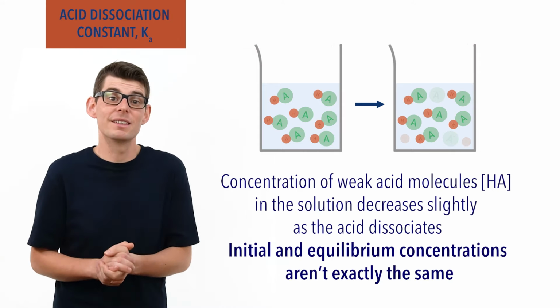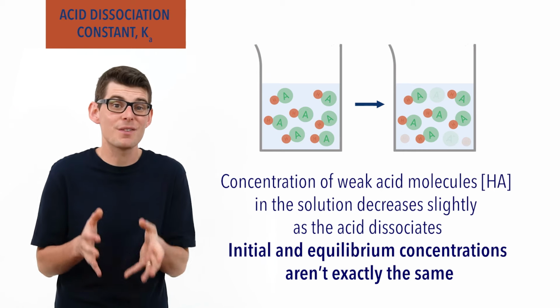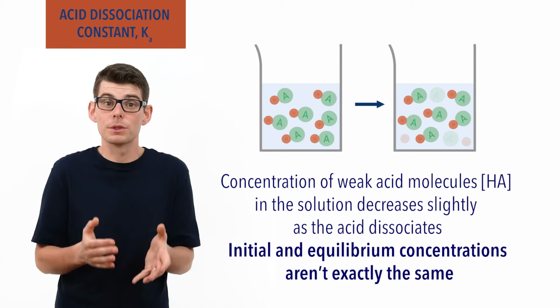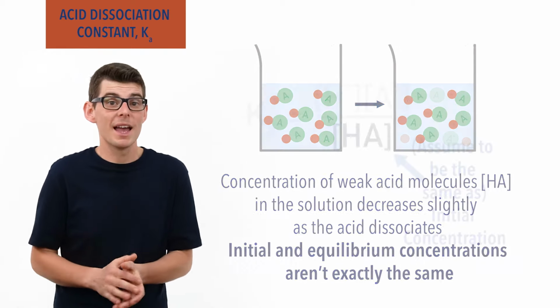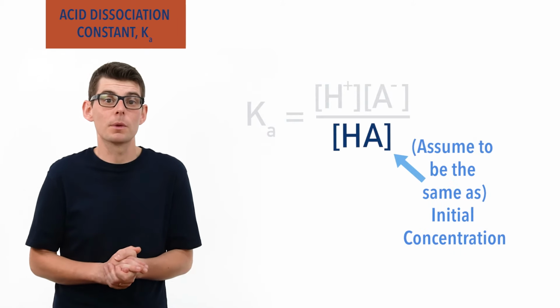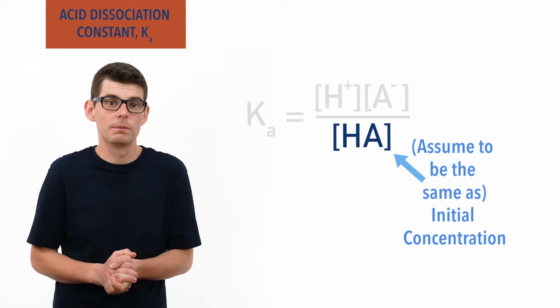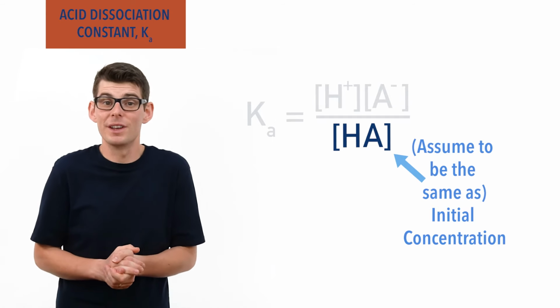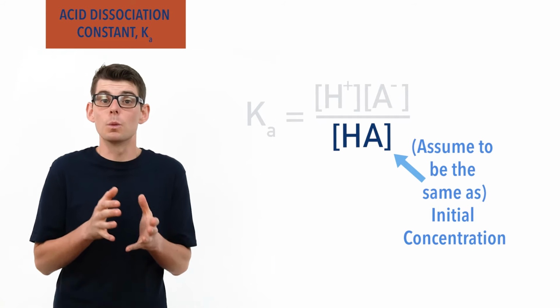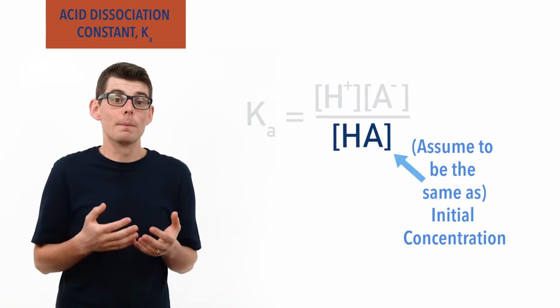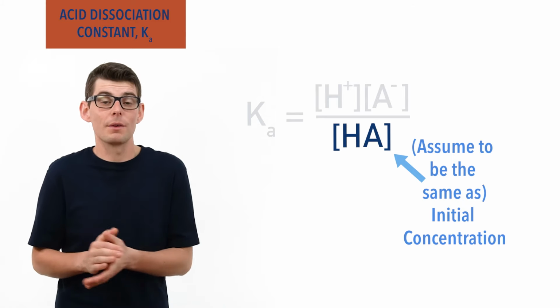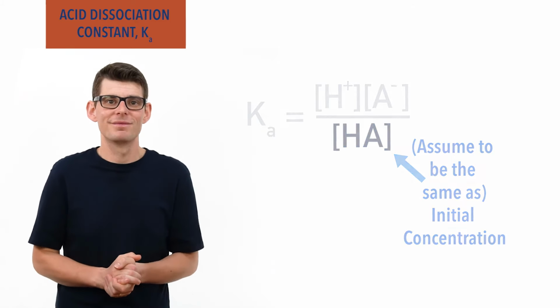The reality is that the amount of dissociation is very small, and as a result, we ignore this problem and simply assume the equilibrium concentration of weak acid to be the same as the initial concentration. Mathematically, it makes very little difference, but you should be aware and understand that we are making this assumption when we carry out such calculations.